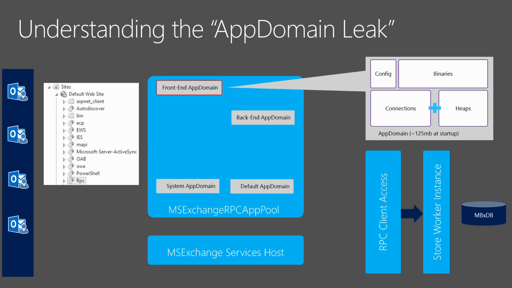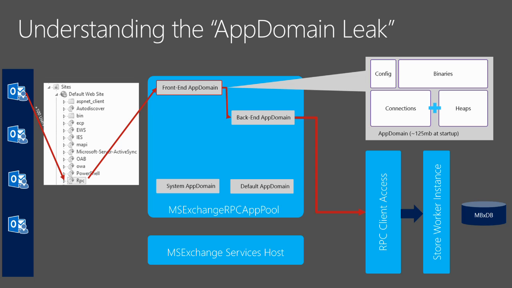It basically gives you some idea of what's happening in this particular case. The reason I'm showing you this is so that you can get a better idea of what happens when things are not working right. Generally, when a number of users come in in the morning around the same time, 100 users, 200 users, whatever the numbers are, they go through the front-end app domain, then through this RPC app pool, and connect to the RPC client access.